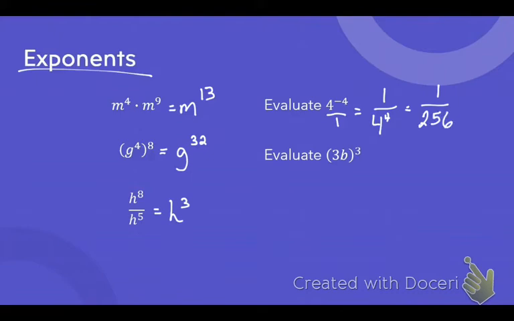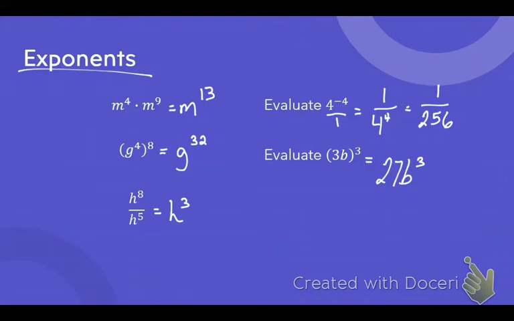256. All right, now evaluate 3b to the 3rd power. I can tell you on your exam, if you were to have a question like this, one of the answer options would be this. But is that correct? What mistake did I make? I did 3 times 3 instead of 3 times 3 times 3, which should have been 27b to the 3rd power.